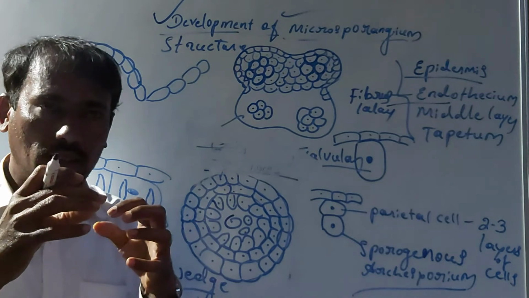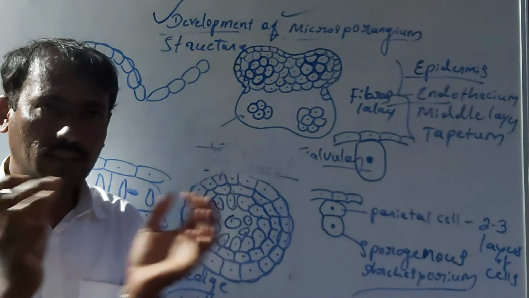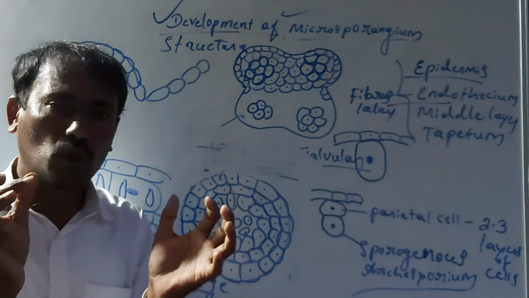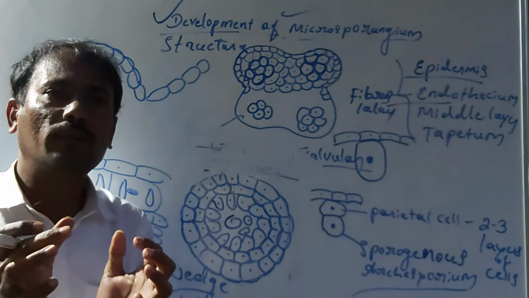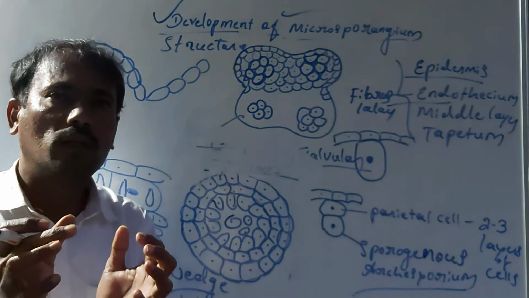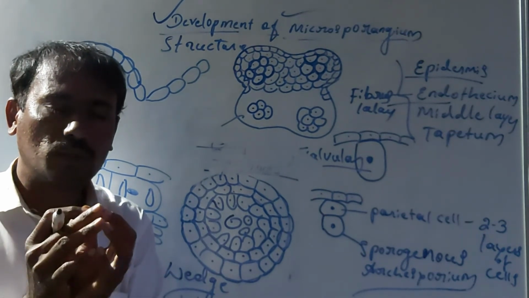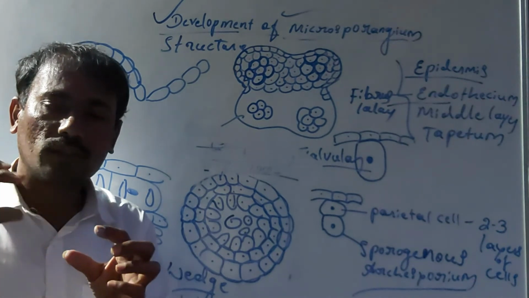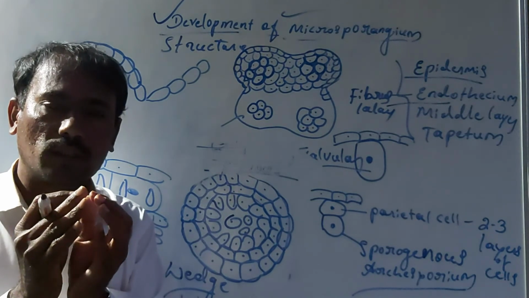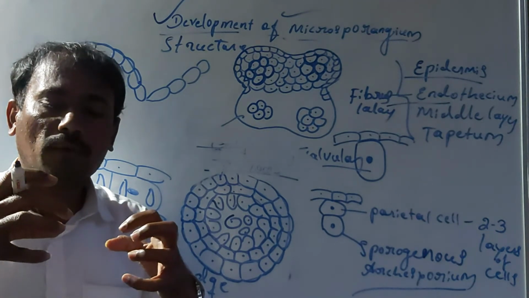They lie freely within the locule of the microsporangium, though earlier all the sporogenous cells are somewhat grouped together and appear like a tissue, the sporogenous tissue. As the maturation of the anther continues, the cells of this sporogenous tissue gradually become free from each other.